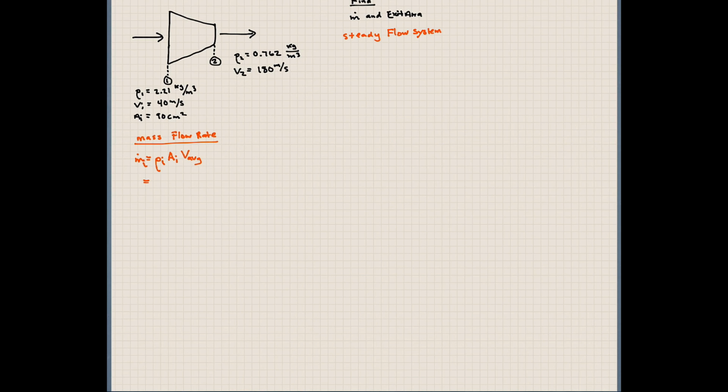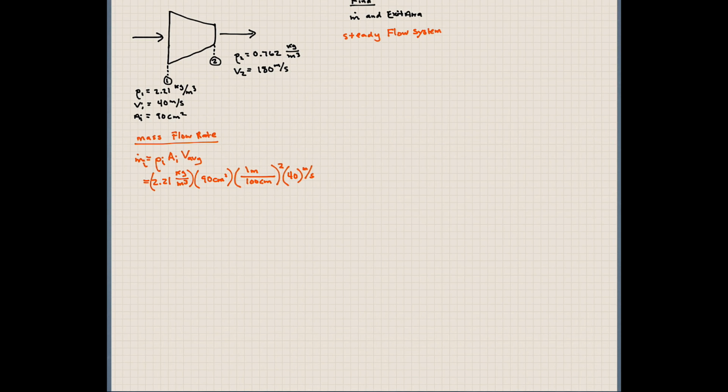Okay, so our density is 2.21 kg per meter cubed. Our area is 90 centimeters squared, and I'm going to go ahead and convert this centimeter squared to meters squared. And our velocity here is 40 meters per second.